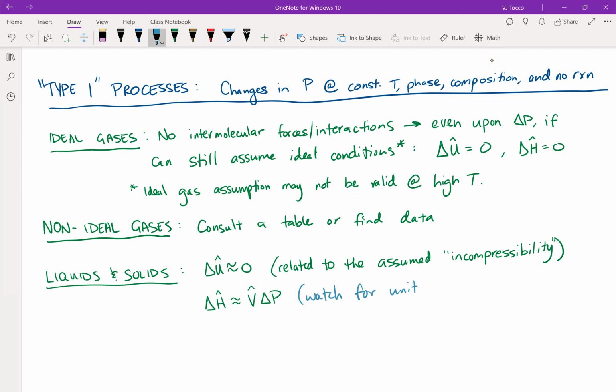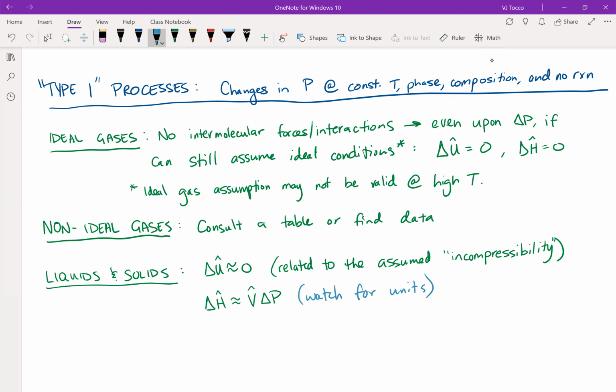And you may want to try a couple of unit conversions because delta H should be in units of energy. So that's kilojoules or something like that. And molar volume and pressure could be in other units, right? So it could be in atmospheres or something.